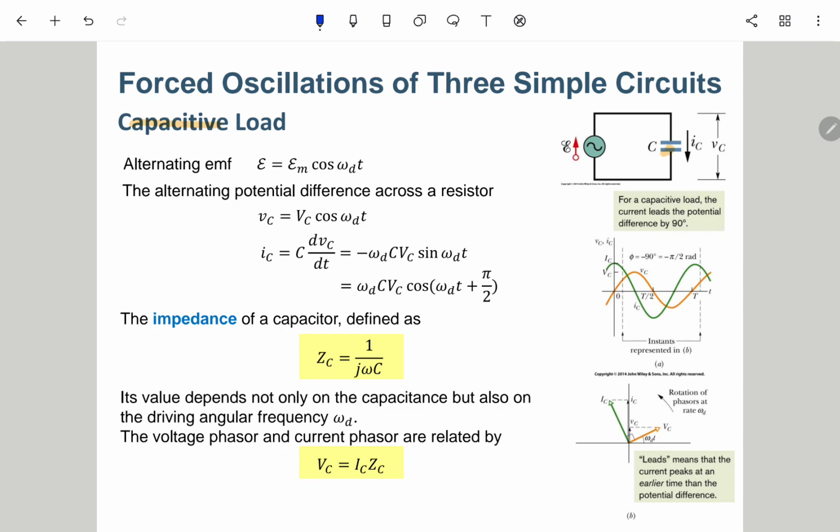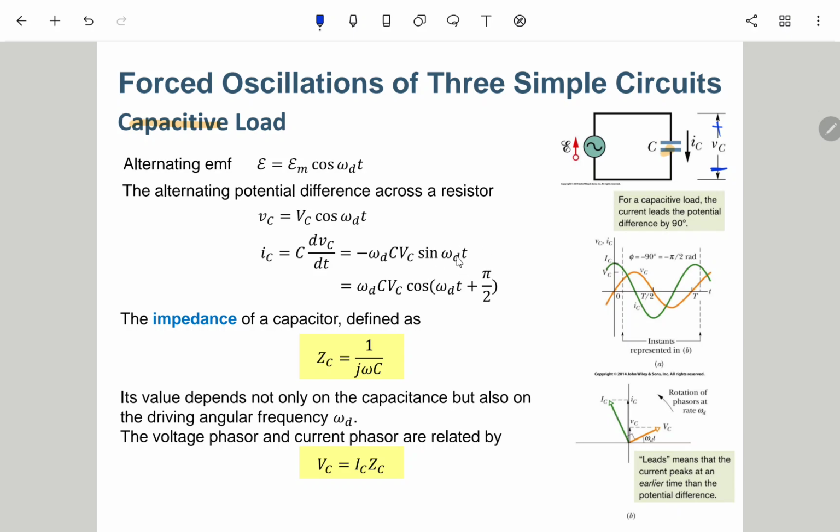And then for the VC, VC is still the same, EM cosine omega dt. And then here the IC will be C dVc dt. Okay, so we need to take the derivative. So VC goes to here, and then cosine becomes negative sine. So we have negative sine omega dt. And for the chain rule, we also have the omega d in the front, and then the C goes to here. So here we have omega d C VC sine of omega dt.